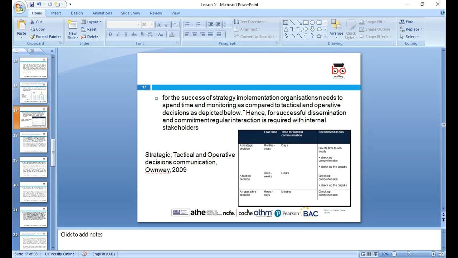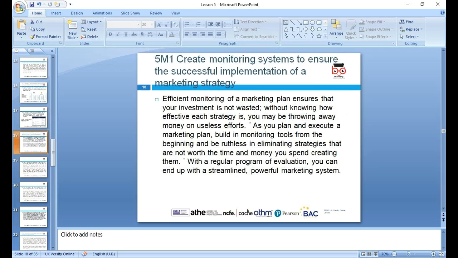So we can look around for successful strategy implementation. The organization needs to spend time to monitor and compare the tactical and operative decisions. Yes, tactical, what tactics you will use. So we need to look at those. Different tactical decisions: days, hours, checkout. Yes, we are always looking at these.